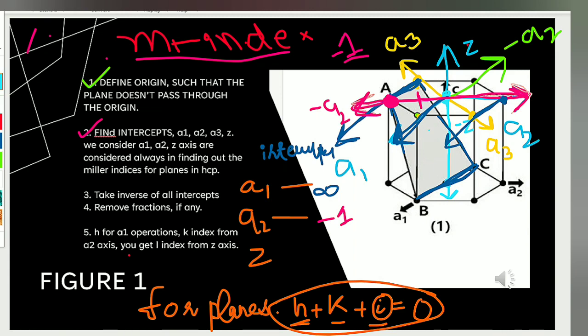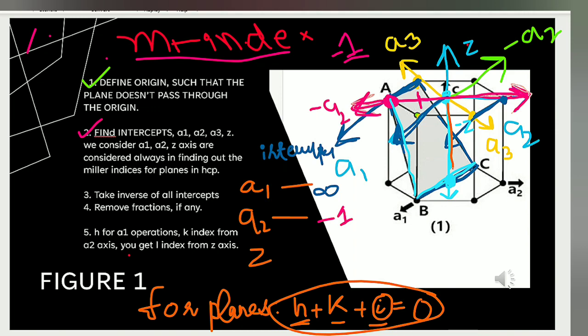For the z-intercept, you need to first see the plane. Here is the plane, and we can see clearly that this is a point on the plane, and it is the negative z direction. Let me take some other color so that you may find it easy.